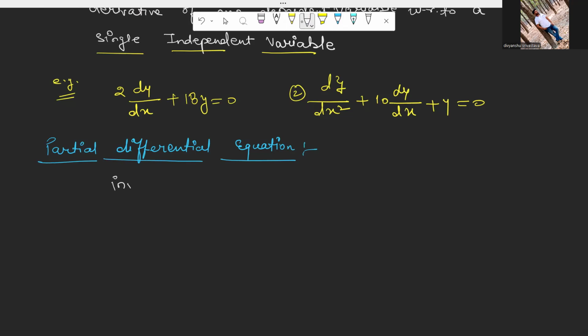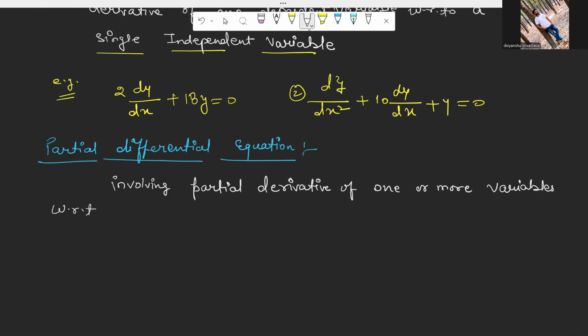In the ODE section, it involves ordinary derivatives; here it involves partial derivatives of one or more variables with respect to one or more independent variables.